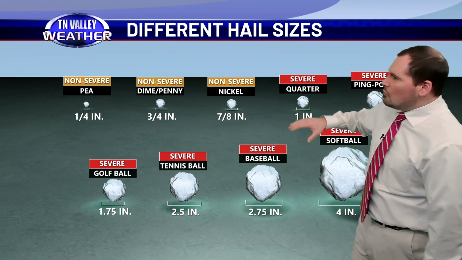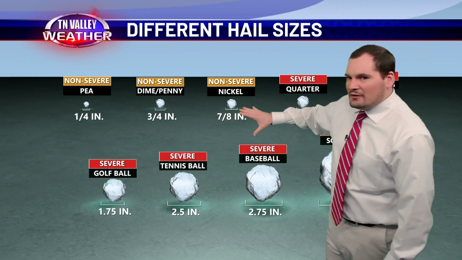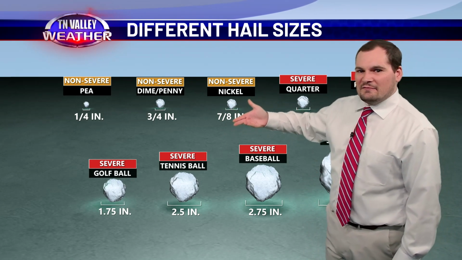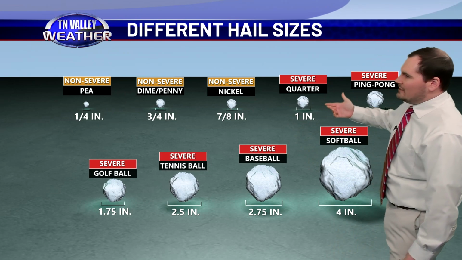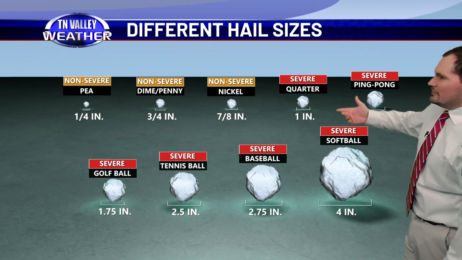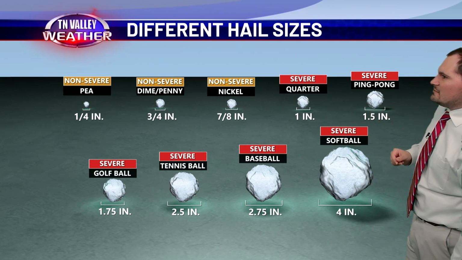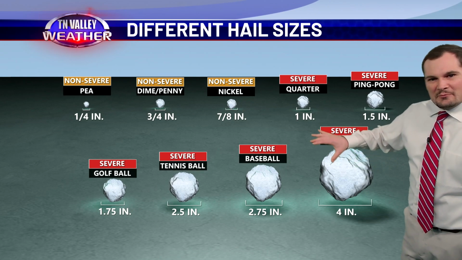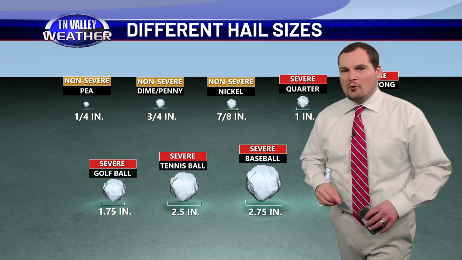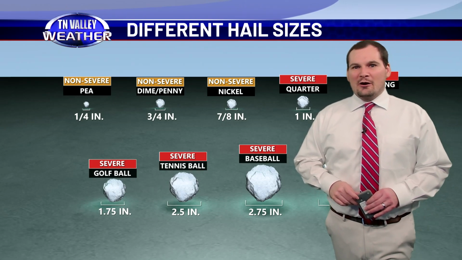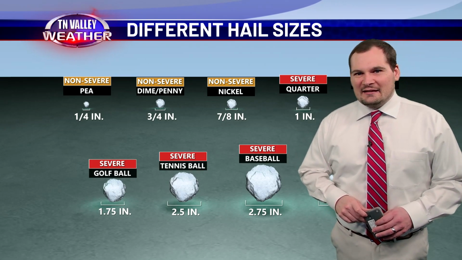So if you have a weak updraft, it's still relatively strong, but on the weaker side of things, you end up getting that small hail potential. Then you start getting a pretty strong updraft that's producing severe hail up to quarter size or ping pong size hail. Once you get to baseball, softball, and even larger, that is an extremely powerful updraft and a very powerful storm that is containing that hail.